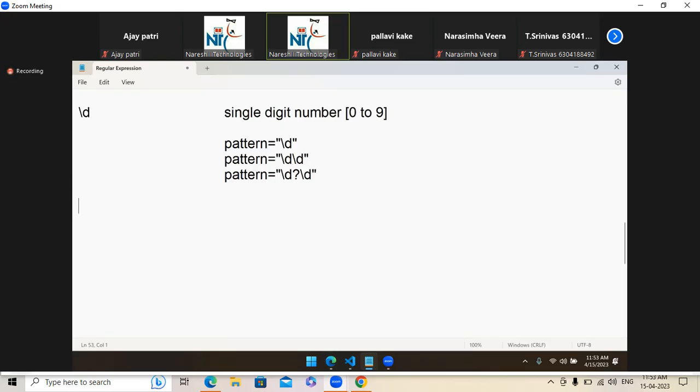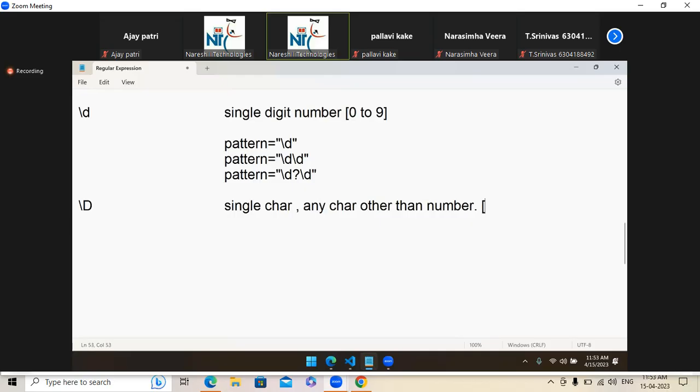We have \D. So it is nothing but a single character: any character other than a number.